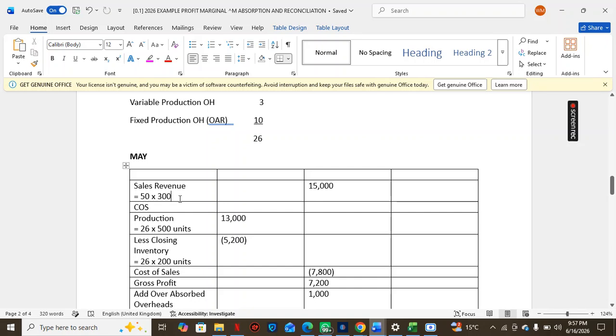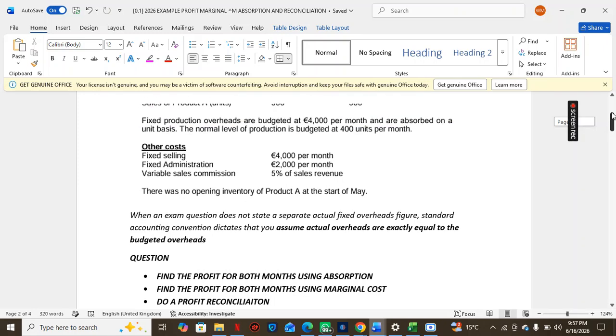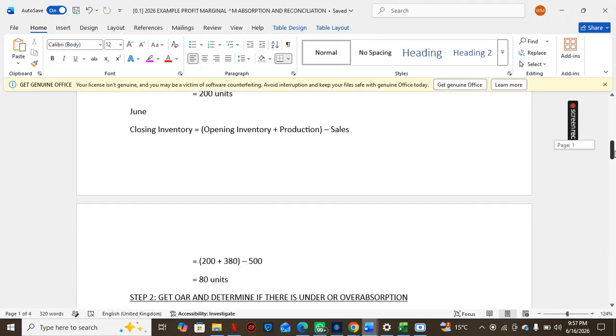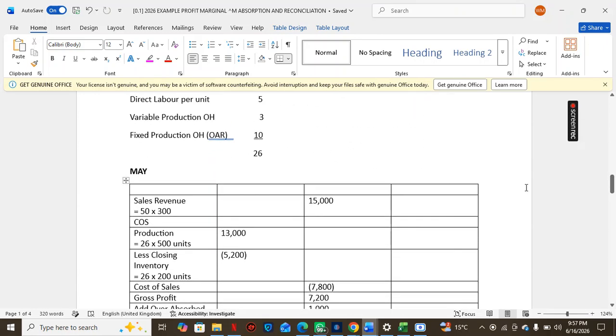So sales revenue is selling price per unit multiplied by number of units sold. This 300 is coming from there, and that 50 is coming from here. 50 times 300, 15,000 euros.